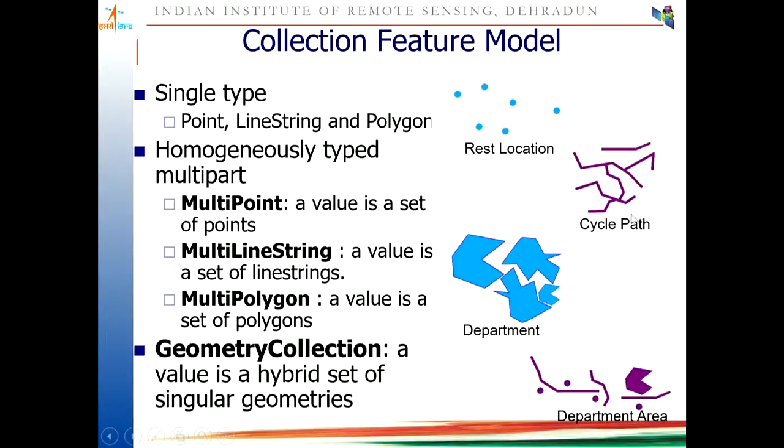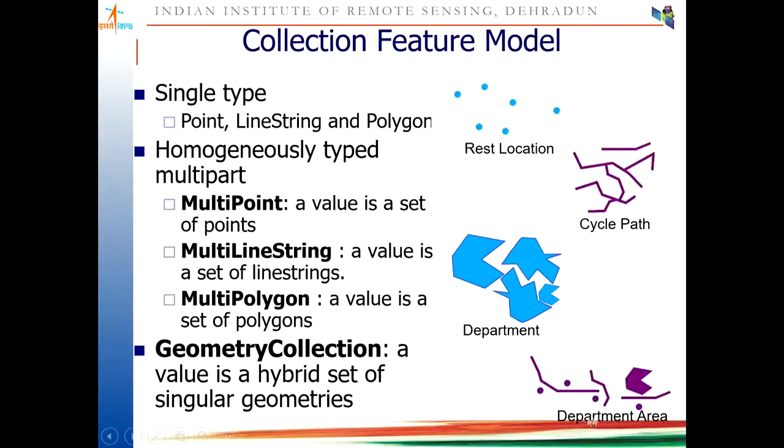So you have a lot of points, or a group of lines, or a group of polygons. So these are basically single type polygons, which is also called homogeneous polygons. And then we have heterogeneous collections, where it may consist of a polygon, line, and point combined together.